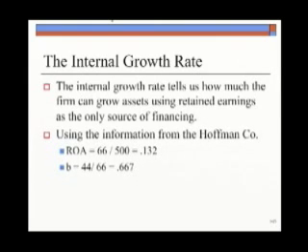In the equation, ROA is return on assets, and B is basically the percentage of each dollar that we retain. In this case, we retain 66.7 cents of each dollar of net income.